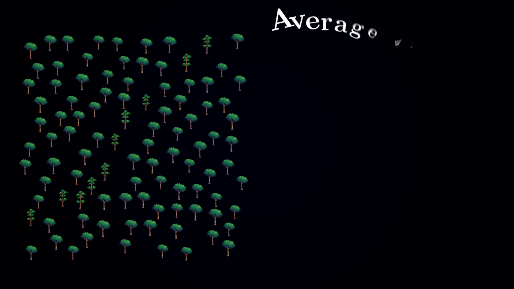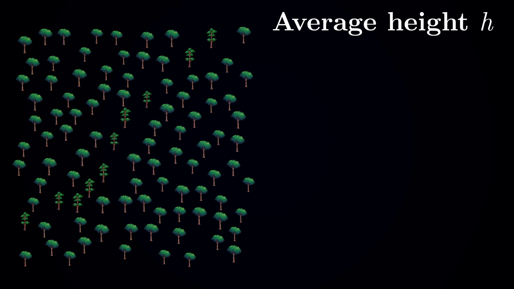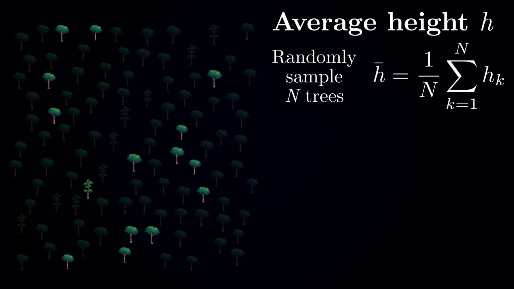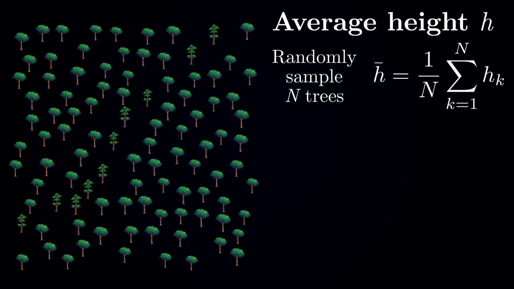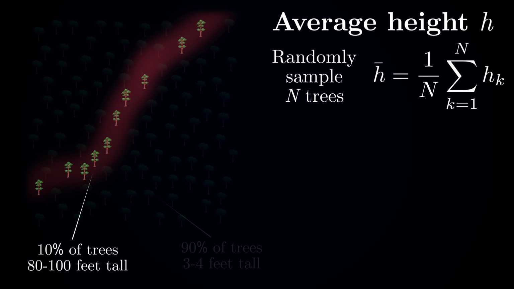Imagine we're trying to estimate the average height of trees in a vast forest. It would be impossible to measure every single tree, so we randomly sample some manageable number, say 100, and use that as our estimate. Now, suppose the forest has two distinct regions. A dense valley containing 90% of all trees, mostly young saplings just a few feet tall, and a sparse ridgeline of very old trees, forming the remaining 10%, many reaching over 100 feet in height.